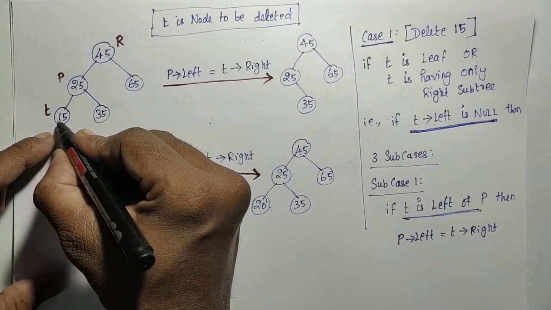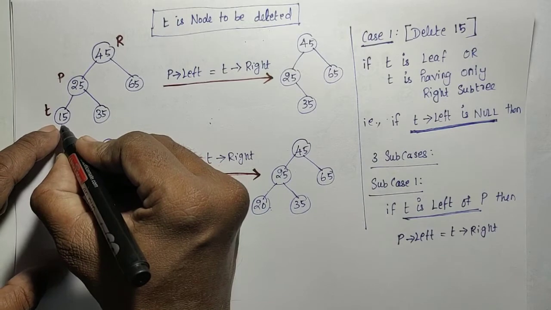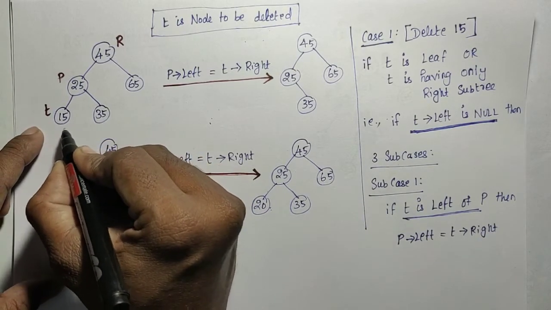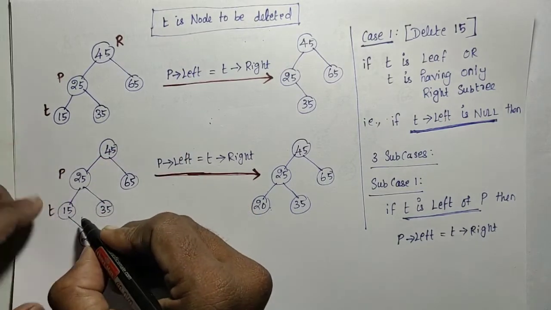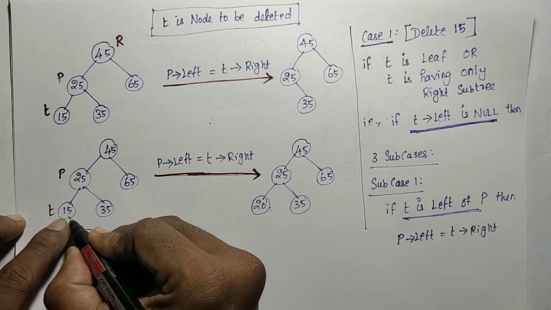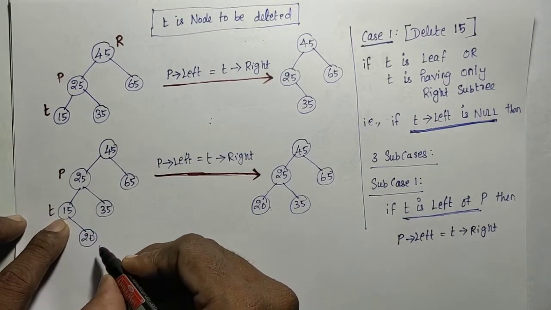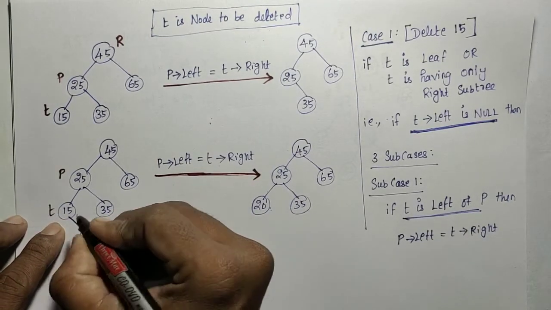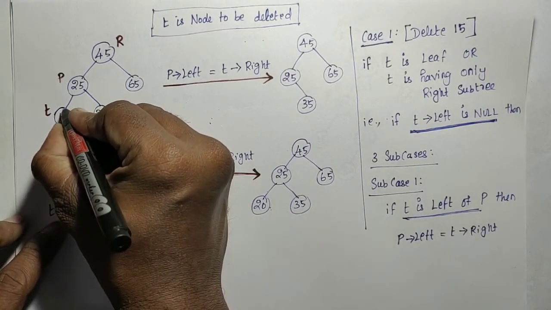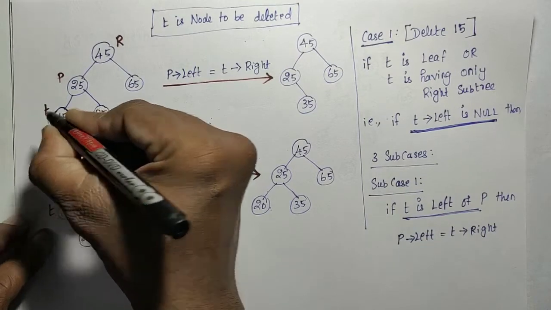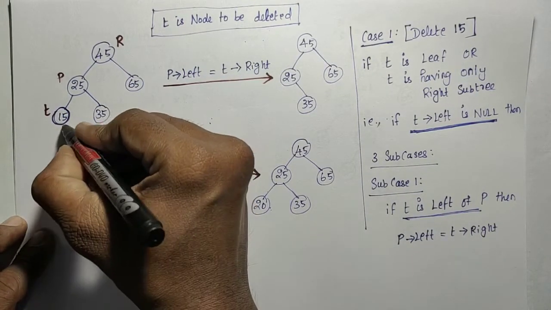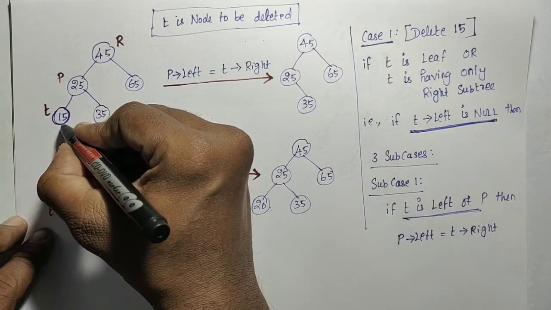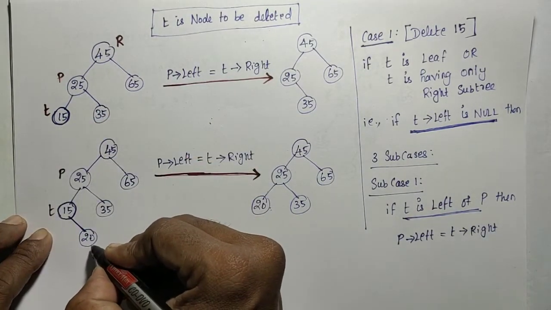Either the t is a leaf node, that is, both left and right of t are null, or the t is having only the right subtree. It means in case 1 we no need to bother about the right; it may be null or it is having some valid subtree.